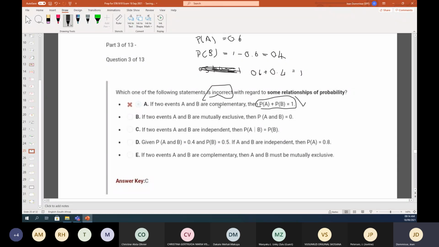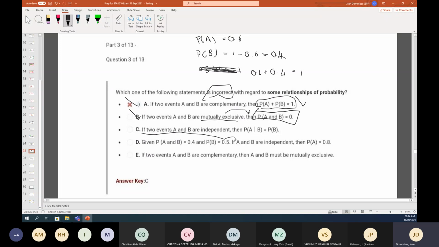Okay, so the complementary one is sorted. If 2 events A and B are mutually exclusive, then the probability of A and B is equal to 0. That we've now covered a few times in the previous question, so always mutual exclusivity. That is correct. So that is what it means.